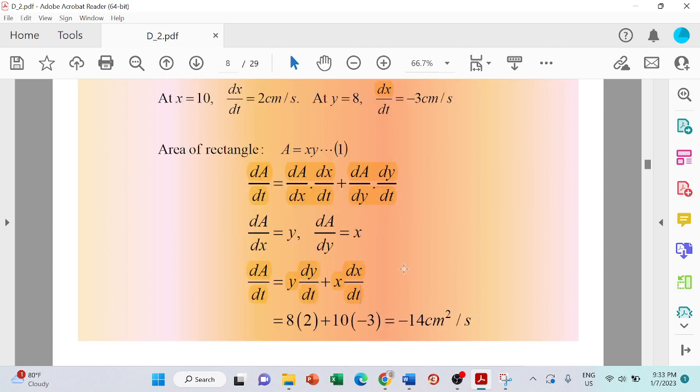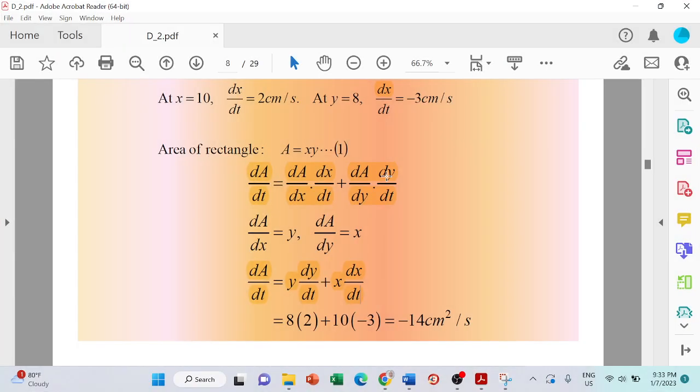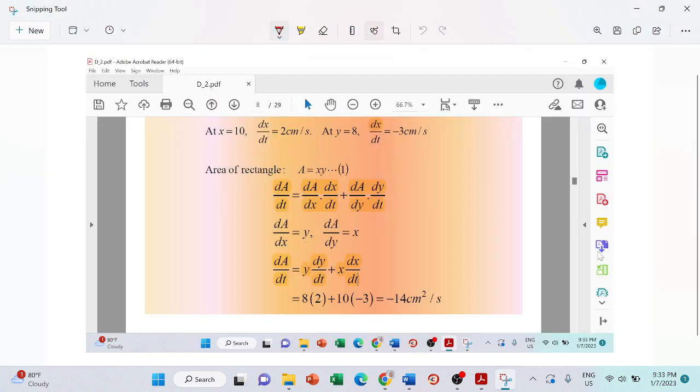Sorry lah, madam salah type lagi. Okay, let me do the correction here. Tersilap ganti. Tersilap type ni, sorry. Let me change first. Dekat sini tersilap ni.